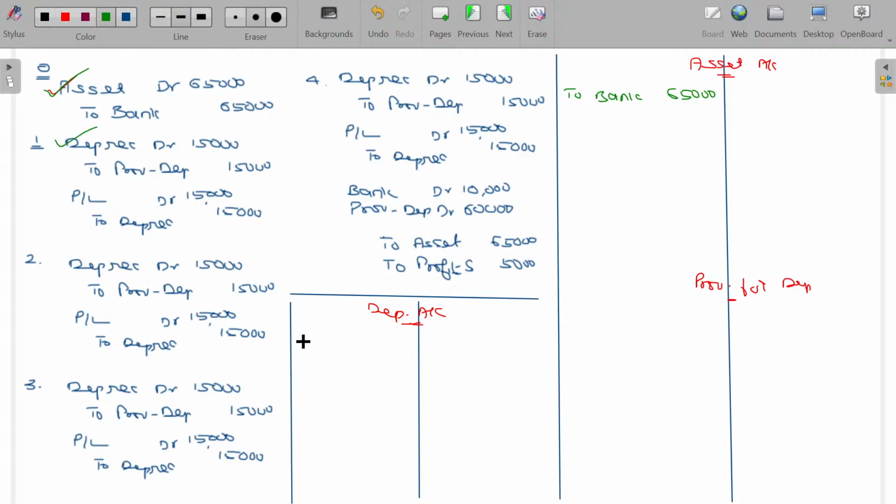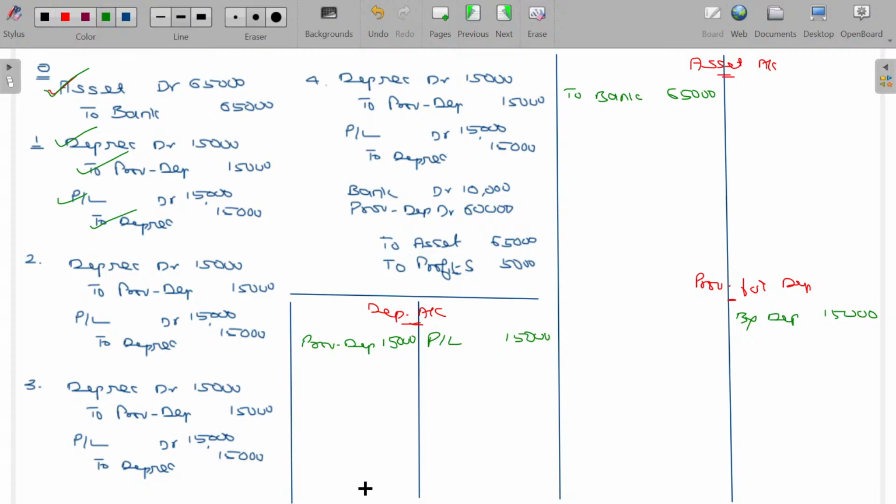In depreciation, we have to provision for depreciation. And in provision for depreciation, we have by depreciation, value being 15,000. In P&L account, this depreciation will appear in the debit side as depreciation, as usual. In depreciation, by P&L account.